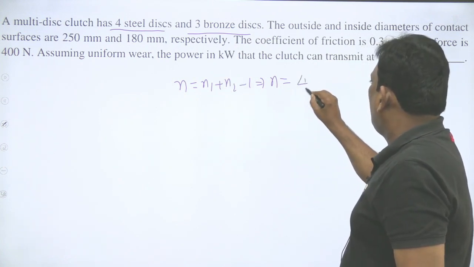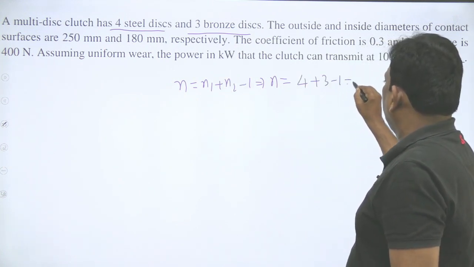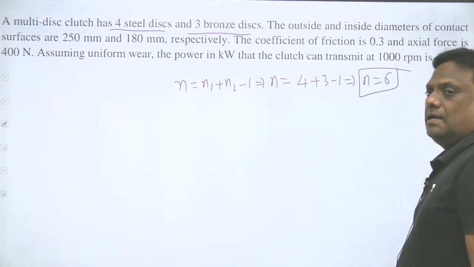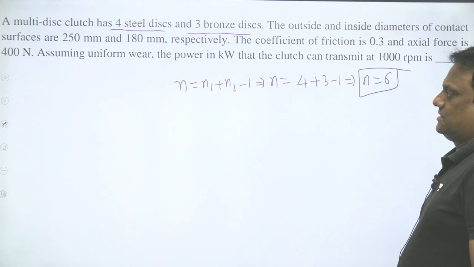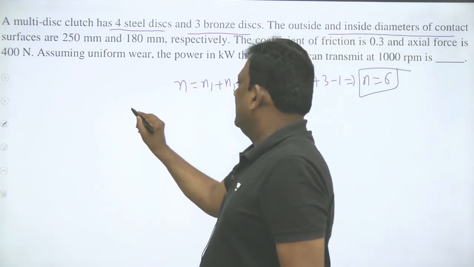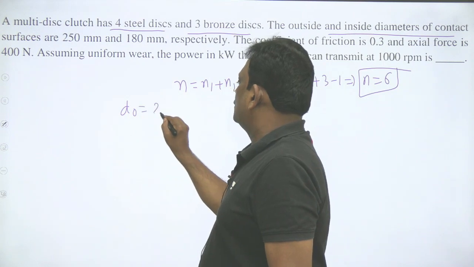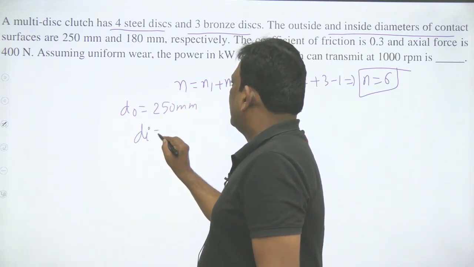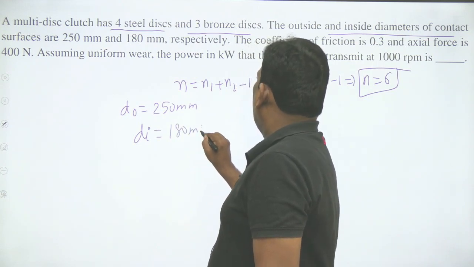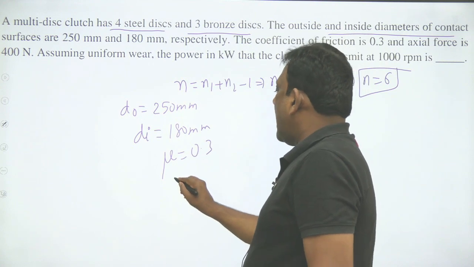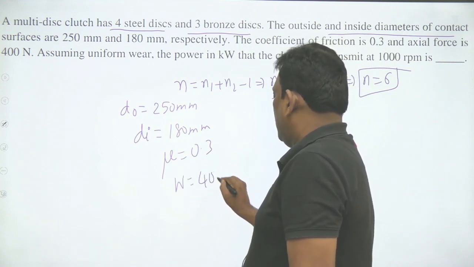So therefore it is 4 plus 3 minus 1. So N, the number of contacting surfaces, is 6. Very good. And the outside diameter is 250 mm and the inside diameter is 180 mm. And the coefficient of friction is 0.3 and the axial force is 400 Newton.